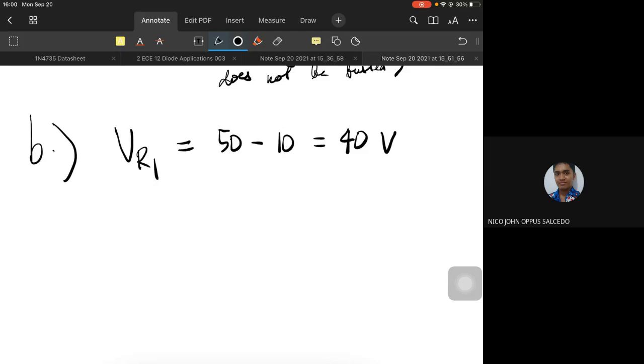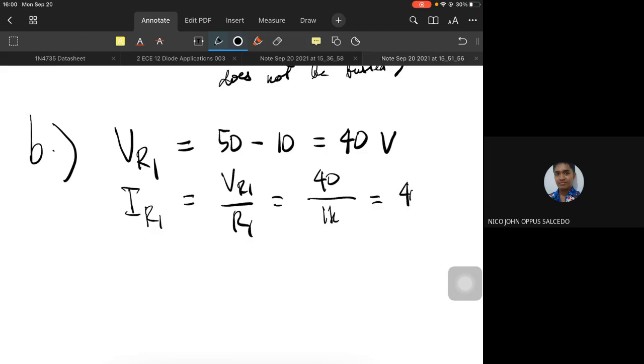So, VR1 is 40 volts. IR1 could easily now be obtained. I equals V over R, VR1 over R1, 40 over R1, 1K. So, 40 milliamperes. Yeah, so it's 40 milliamperes.